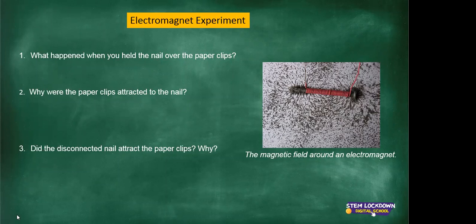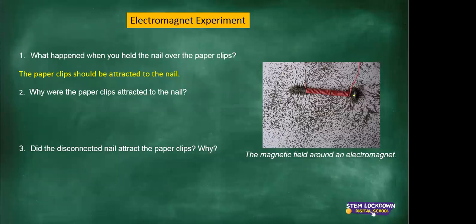The paper clip should be attracted to the nail. So if you didn't use iron filings and if you used paper clips, then the paper clips would have been attracted to the nail. So basically what would have happened is when you applied electric current to this nail, you would have the paper clips clinging to the nail. So because it's both attractive forces.